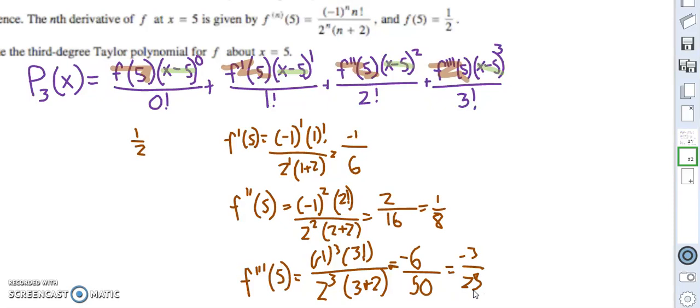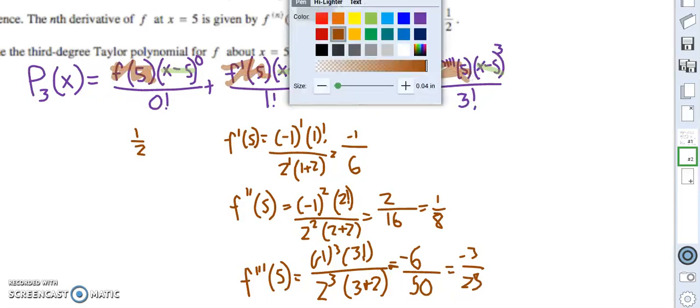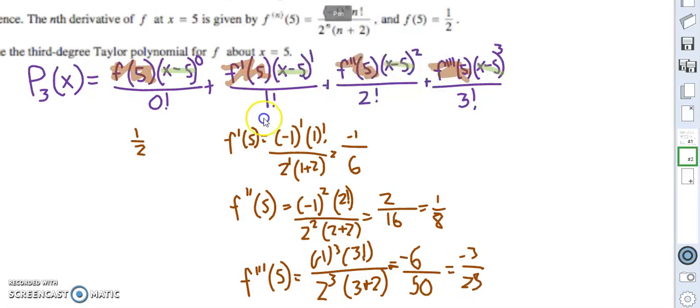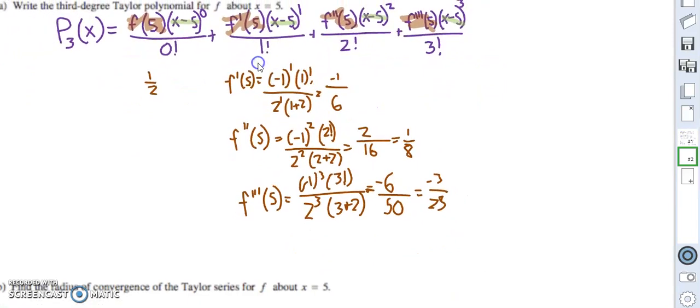So when I take these answers and I plug it into here, here, here, and here, my whole thing is going to come out to P3 is 1/2 times x minus 5 to the 0 divided by 0 factorial.